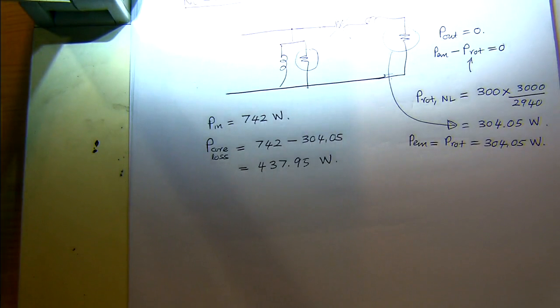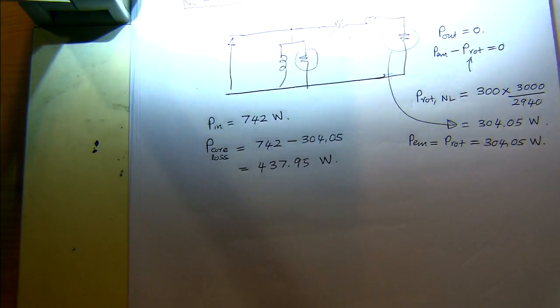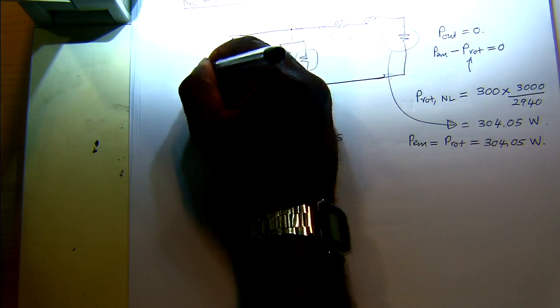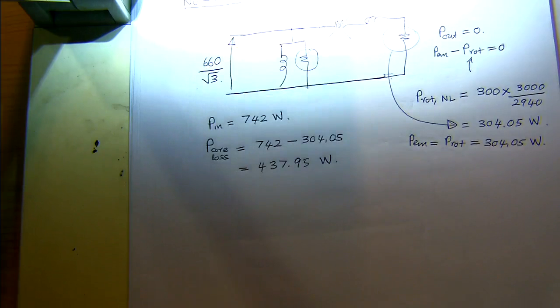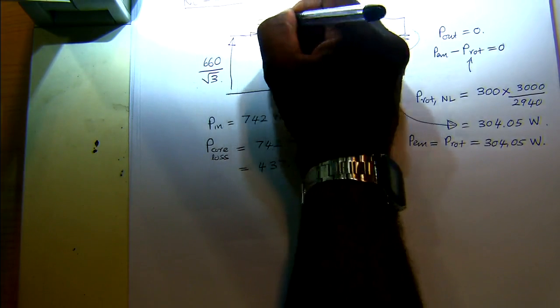So we are given that this is running at rated line conditions. So we have a voltage of 660 over root 3 applied here, and the line current is given as 2 amperes.